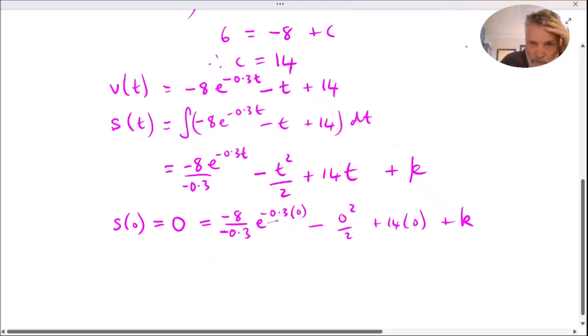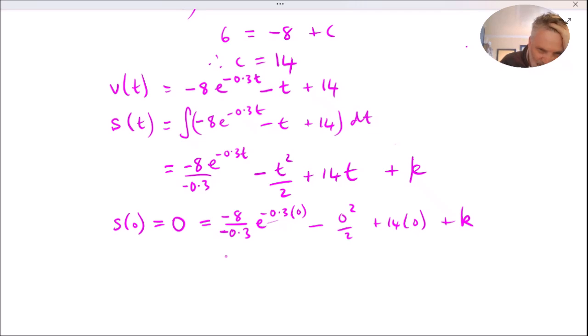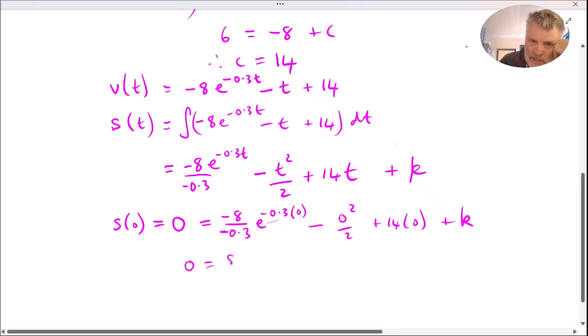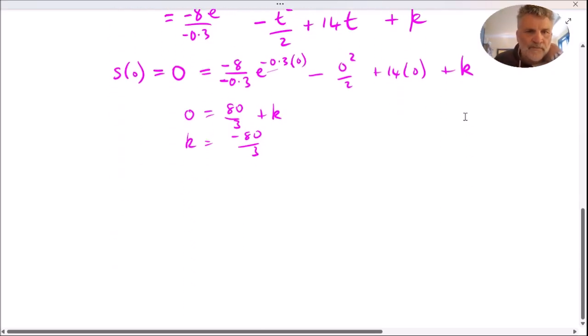This bit here is 1 though. Exponential to the power of 0 is 1, so we get 8 over 0.3, 80 over 3. Negative signs cancel, so naught is equal to 80 over 3 plus k. So k is negative 80 over 3, I suppose.